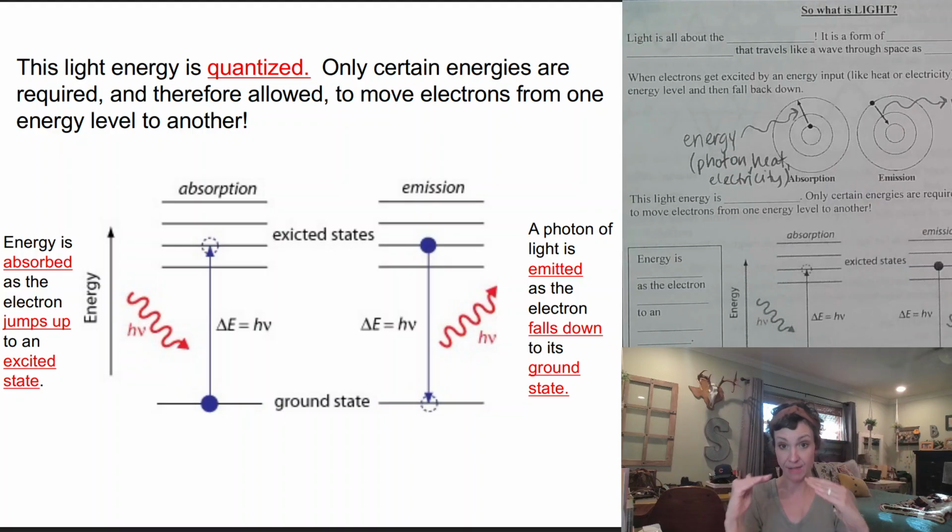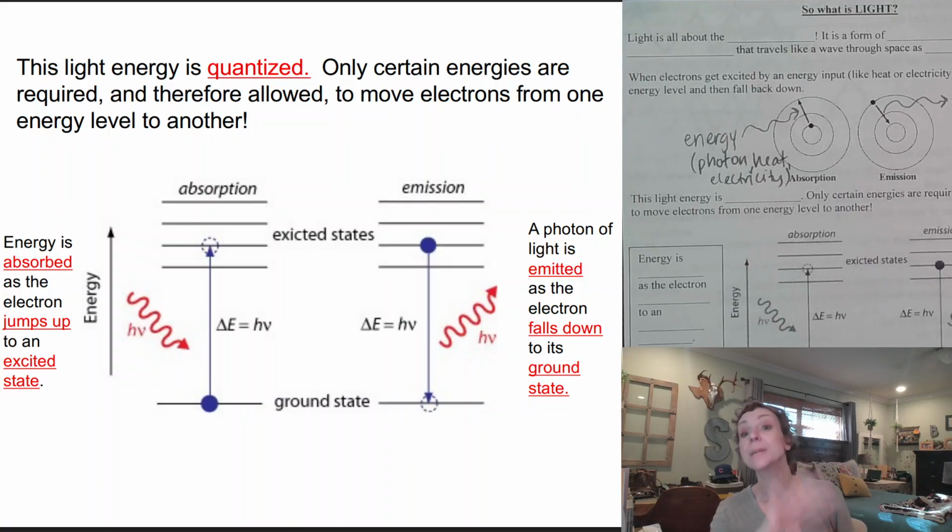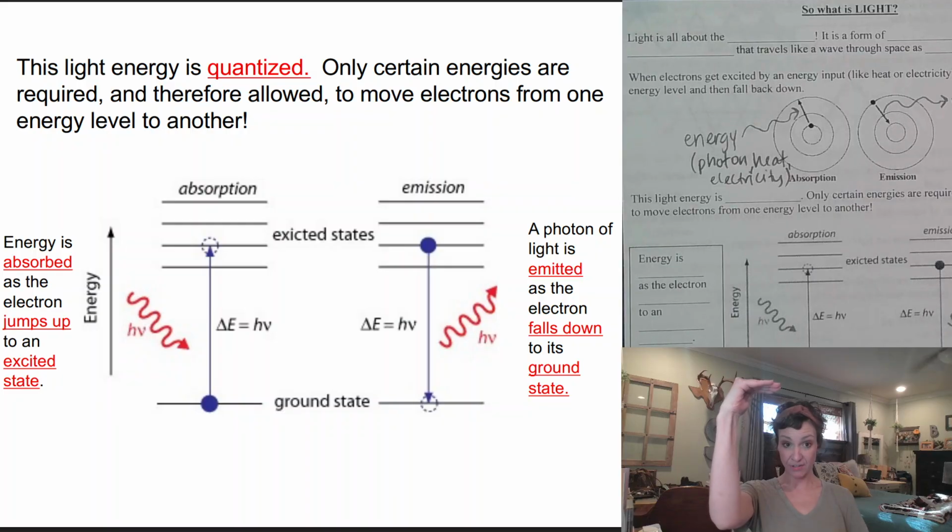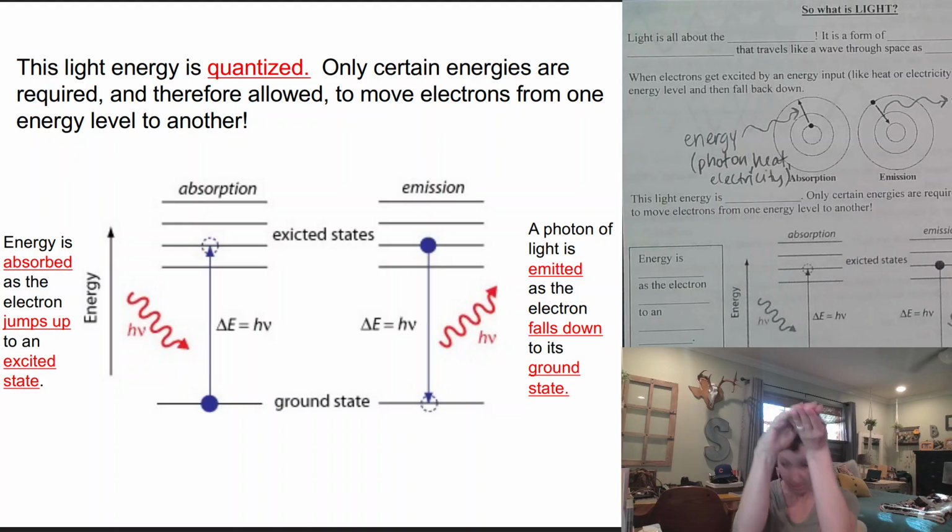Okay. Now, the key thing here is since Bohr said we're in certain perfect little energy levels, electrons must be found in these energy levels. I can't have an electron just free floating in between energy levels. He's got to jump up and hit an energy level and then fall down and hit an energy level. So I can't just have any possible amount of energy input able to get the electrons to jump through the atom.